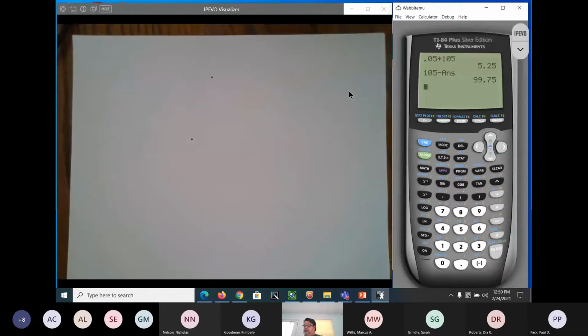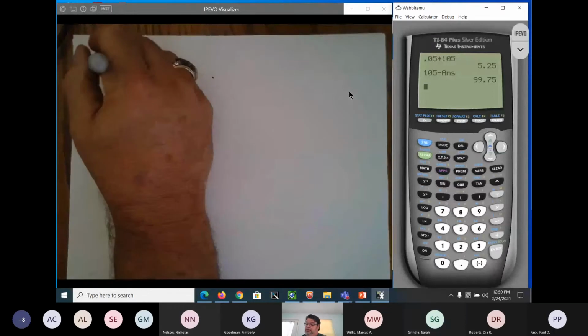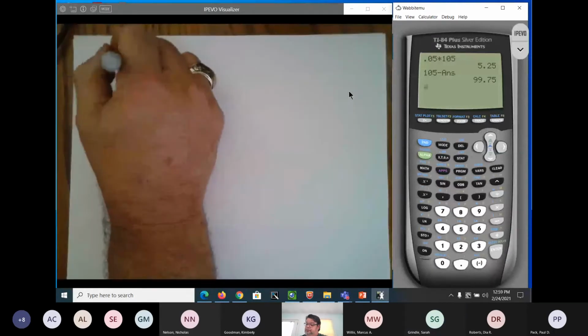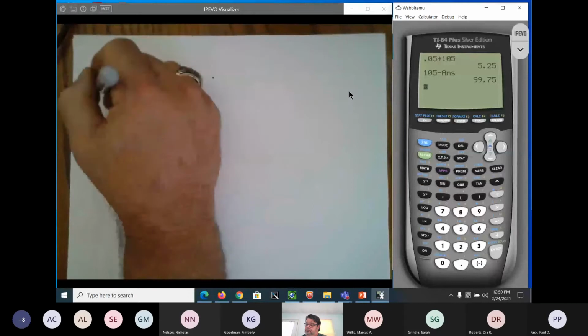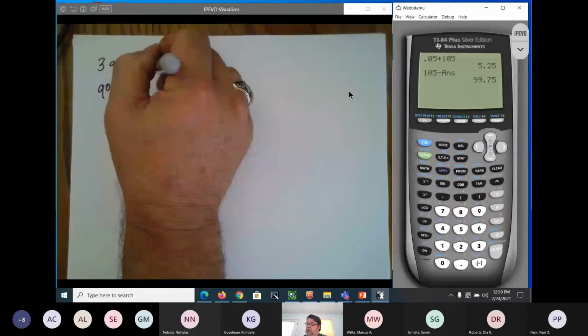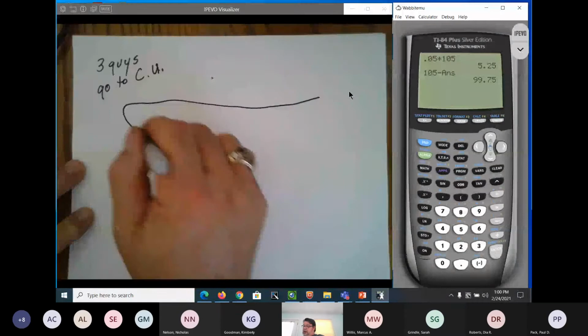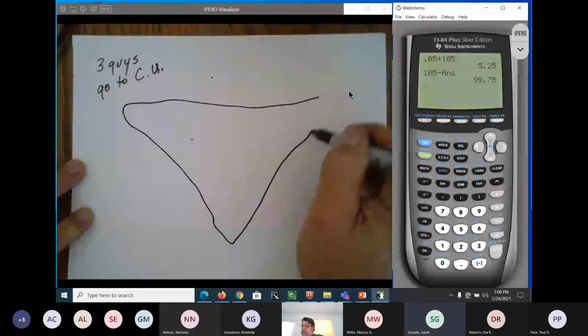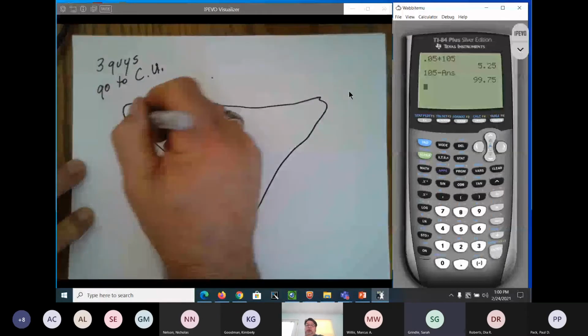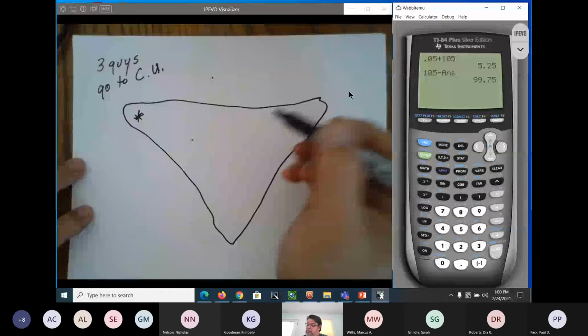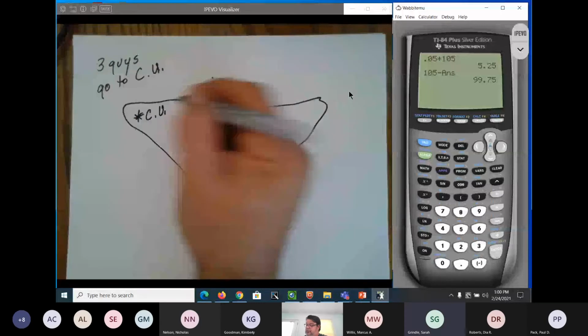There's these 3 guys that go to Clemson, and they live in Clemson. And they're going to go to the South Carolina game. That's in Columbia.